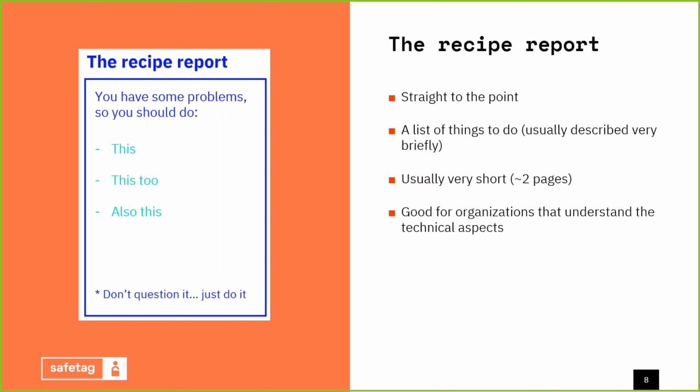If I hand over a report like this one and I tell the organization, you know what, you need to disable TLS protocol versions 1.0 and 1.1 in your website, if they understand what I'm talking about, yeah, it works. However, now here we're seeing some pitfalls, because if the organization doesn't understand all the jargon, they don't know what to do.